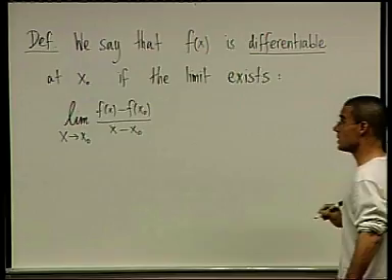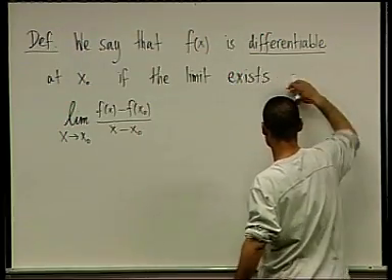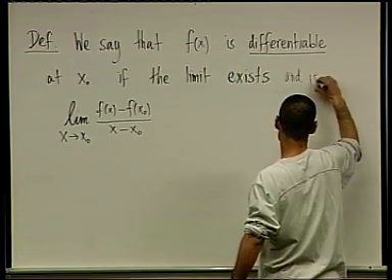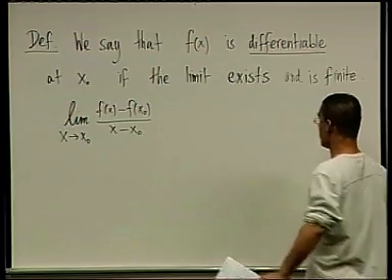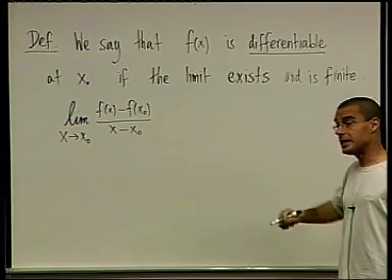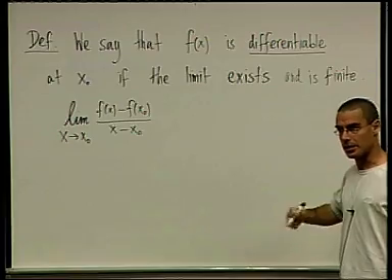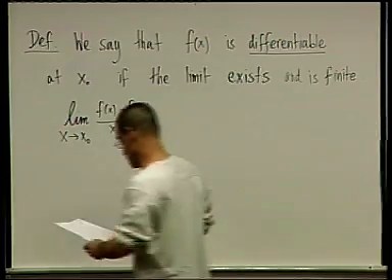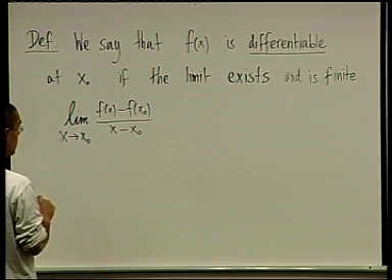If this limit exists, and by the way, by exists we mean exists and is finite. Okay? Usually when I say that a limit exists, I'm going to mean that it's finite. And if it's infinite, I'm going to say that explicitly. Okay. So if this limit exists, we say that the function is differentiable at the point x0.